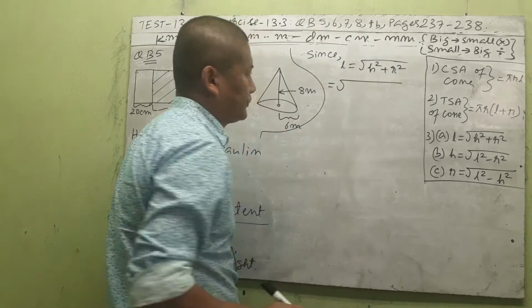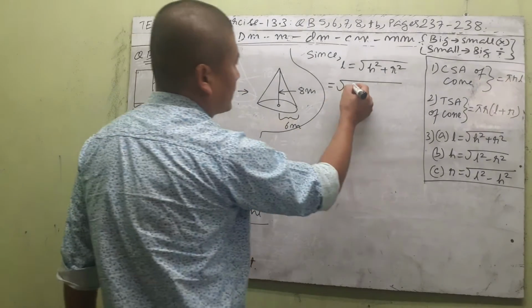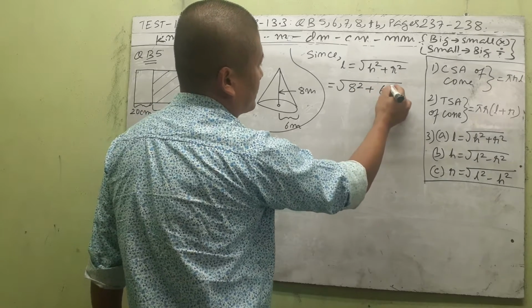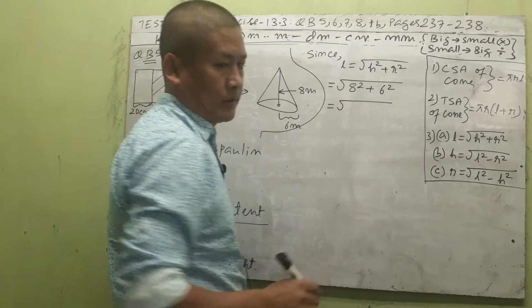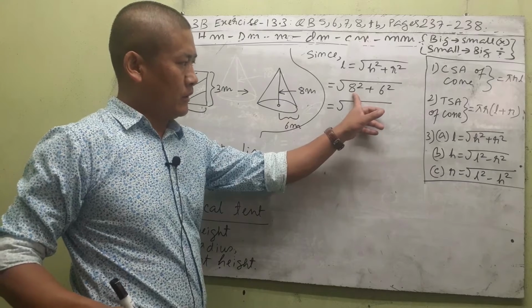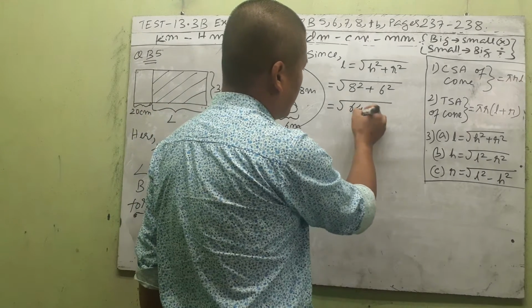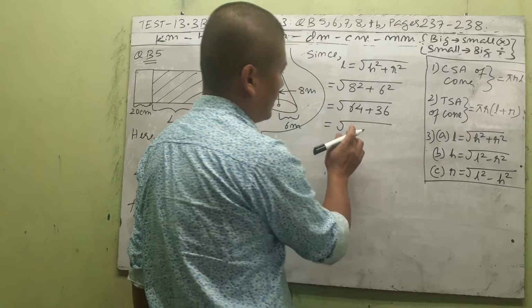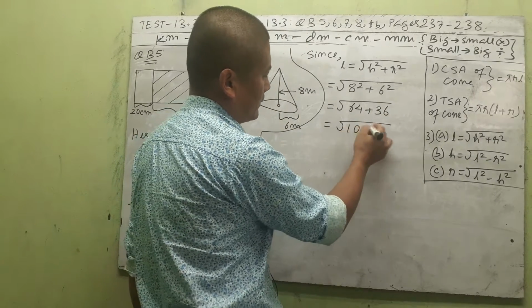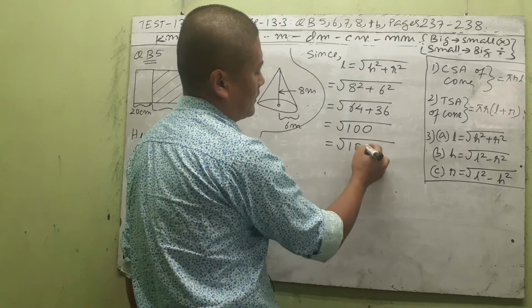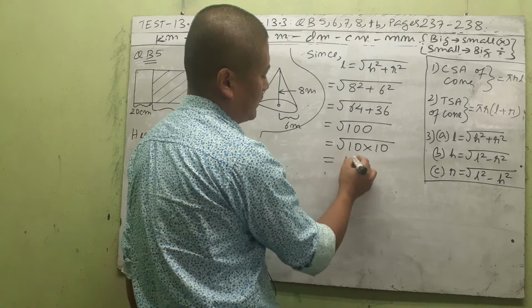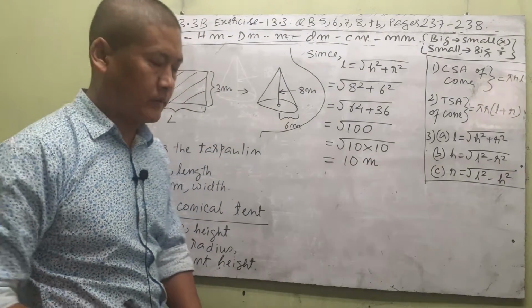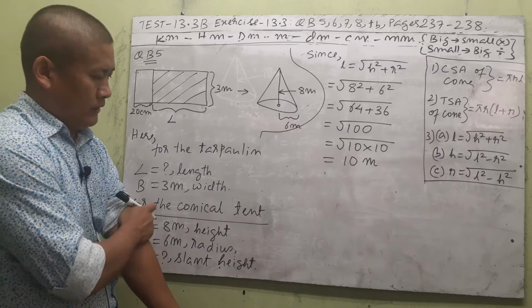So that will be equal to, h is 8, r is 6, so 8 square plus 6 square. 8 8 is 64, likewise 6 6 is 36, so there will be root over 64 plus 36 is 100. So that is 10 into 10, so it will come out as 10. So L is found out.